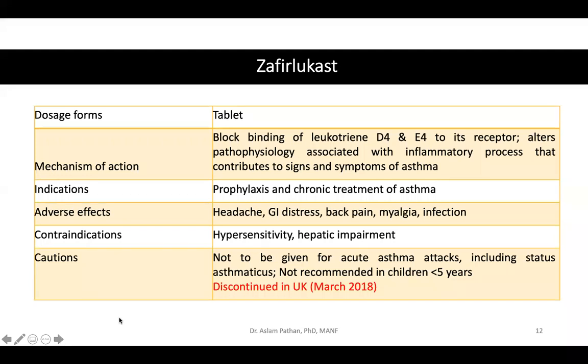The second example of a leukotriene receptor antagonist is zafirlukast. The dosage form is tablet. Mechanism of action: zafirlukast blocks the binding of leukotriene D4 and E4 to its receptor, and alters the pathophysiology associated with the inflammatory process that contributes to signs and symptoms of asthma.